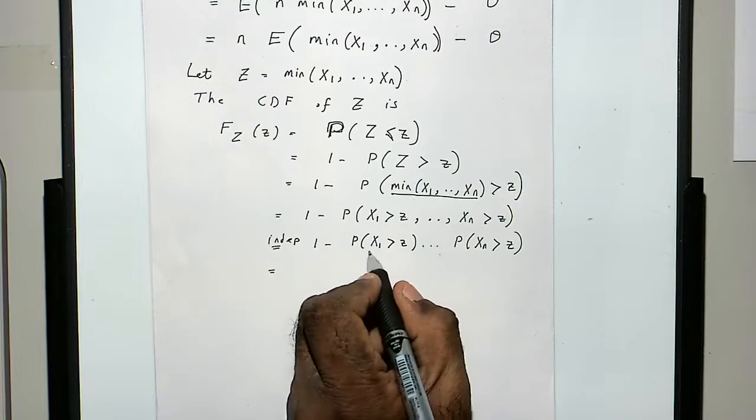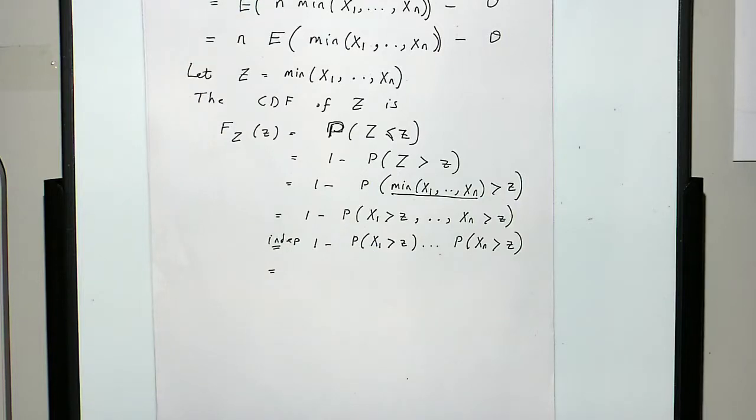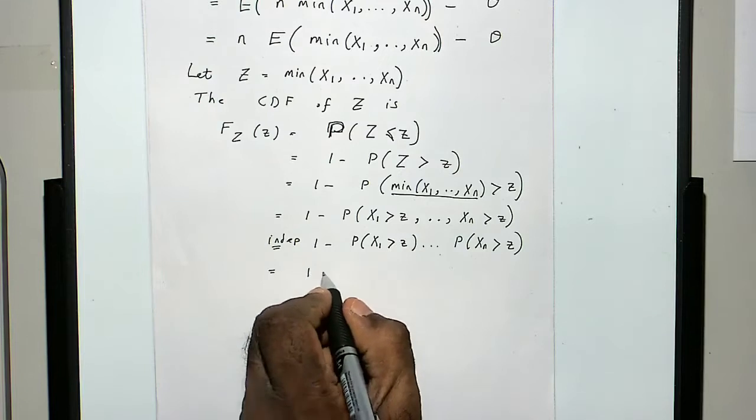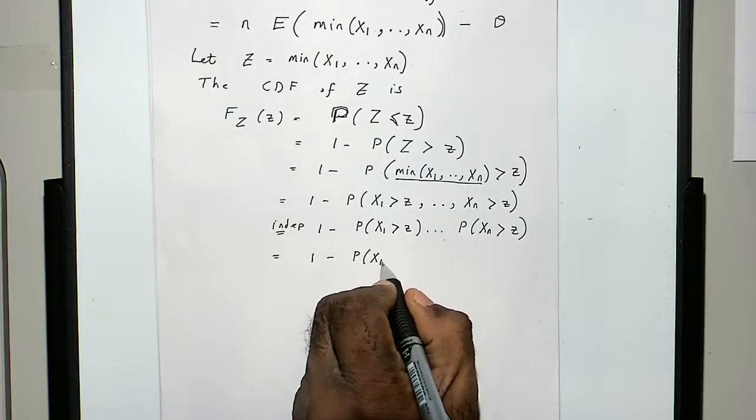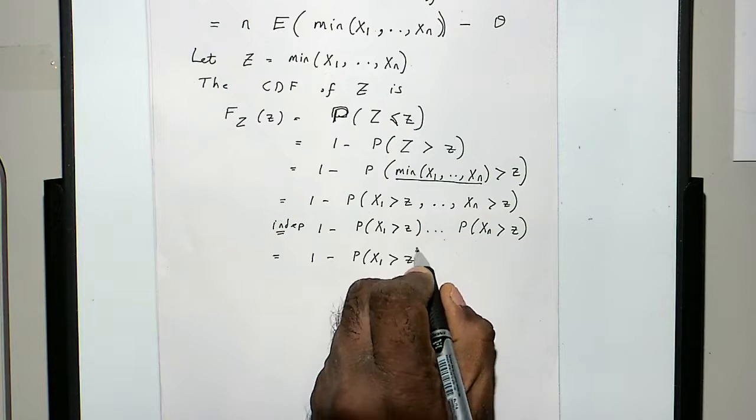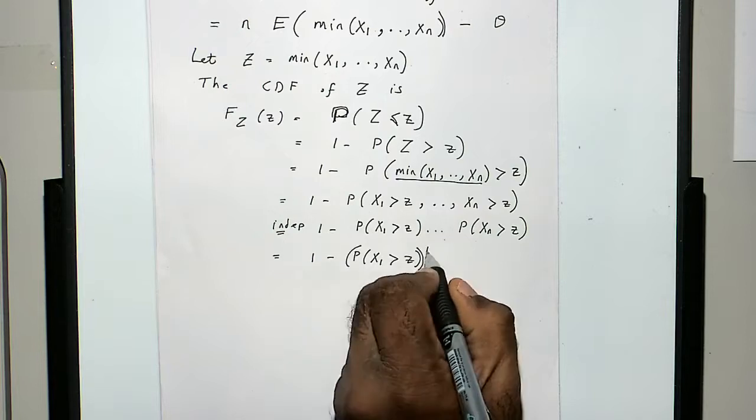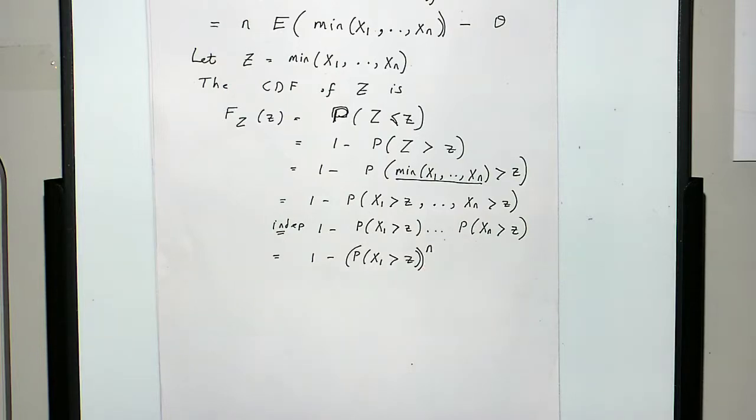Each of x1 to xn has the same distribution, in this case the exponential. Therefore, each of these probabilities is equal, so you can write this as the probability that x1 is greater than z, to the power n. You follow me? Because each of the probabilities is the same.